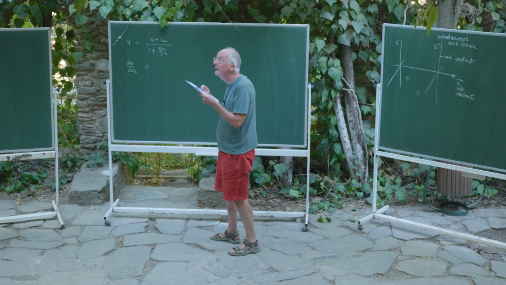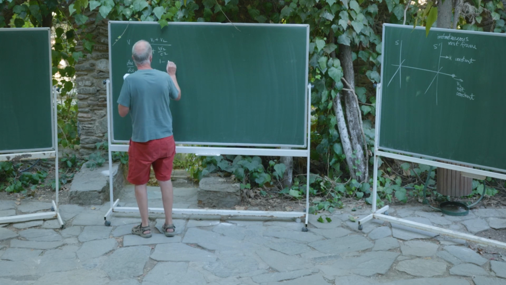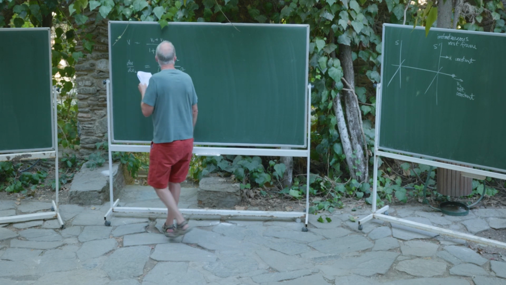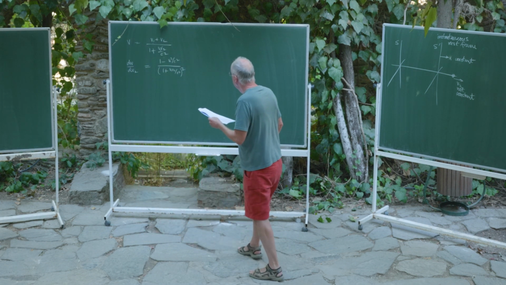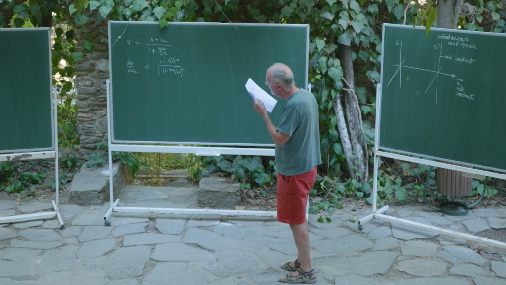Give me a moment here. So it turns out it's 1 minus v1 squared over c squared, over 1 plus v1 v2 over c squared, squared. Have I done that right? Yeah.